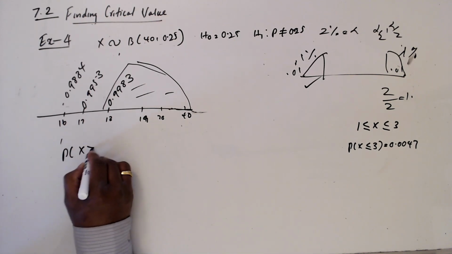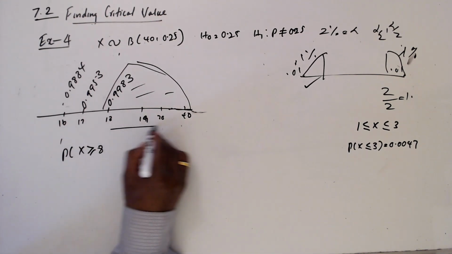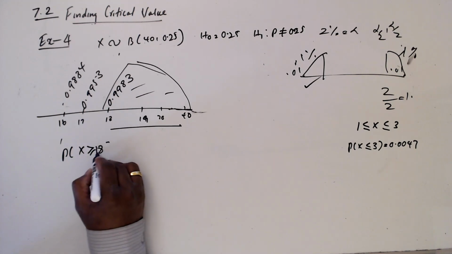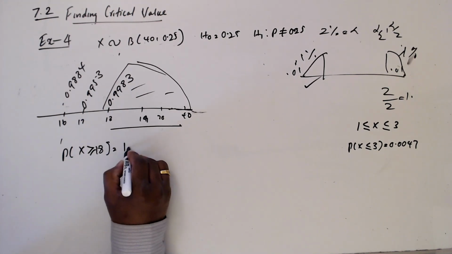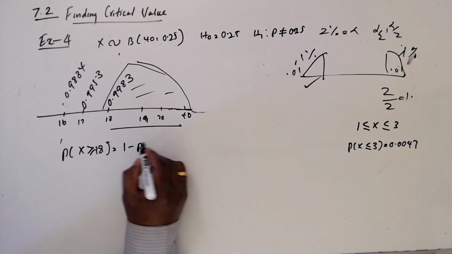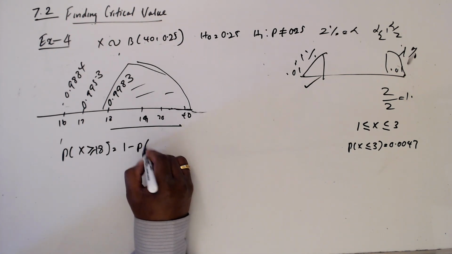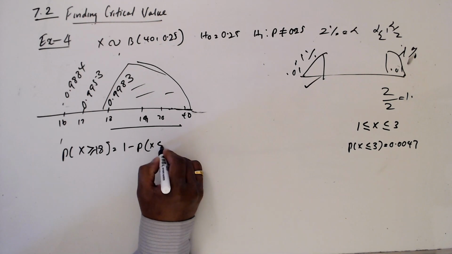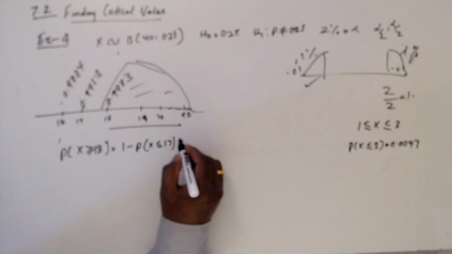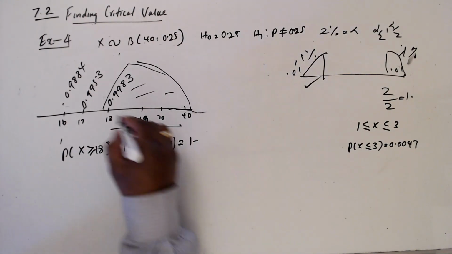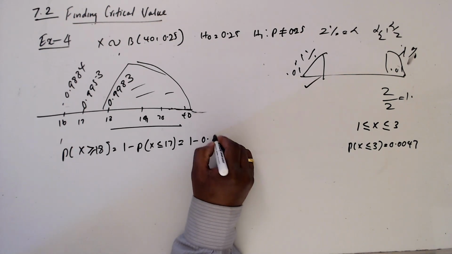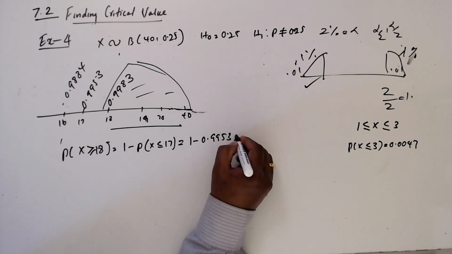Probability of x greater than or equal to 18 is 1 minus the probability of x less than or equal to 17, that is 1 minus 0.9953.